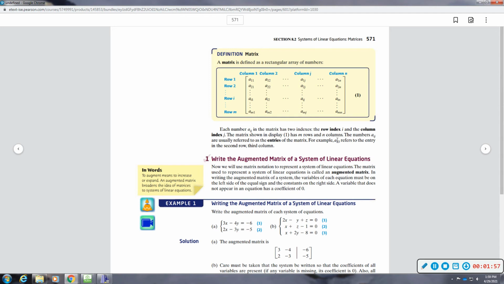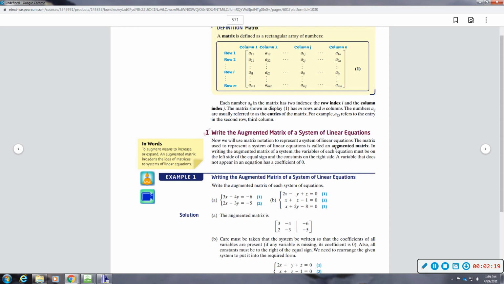So i is the row index, j is the column index. This example a23 refers to row 2, column 3. So if we came down here, row 2 and then column 3, that would be a23. That would be that position.